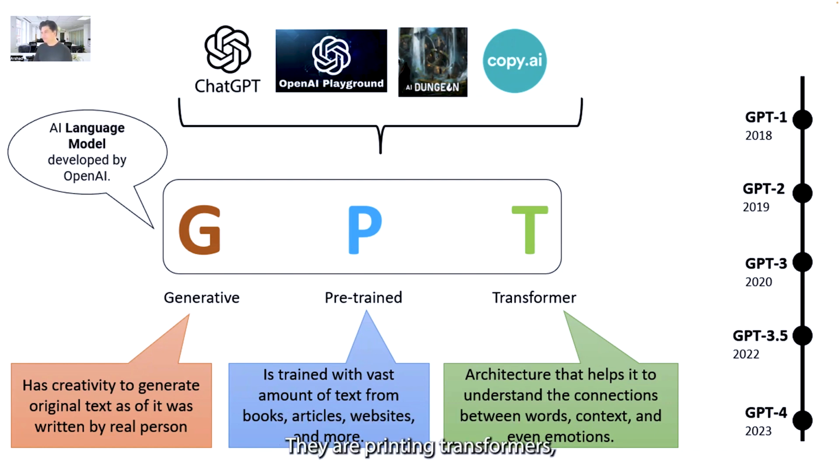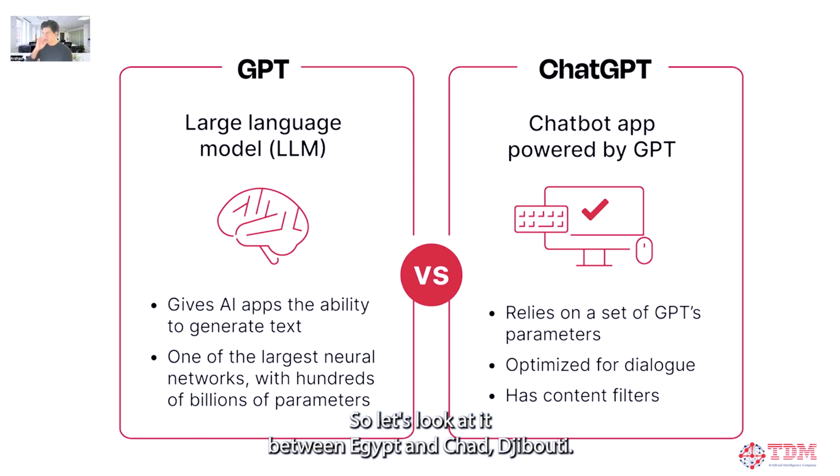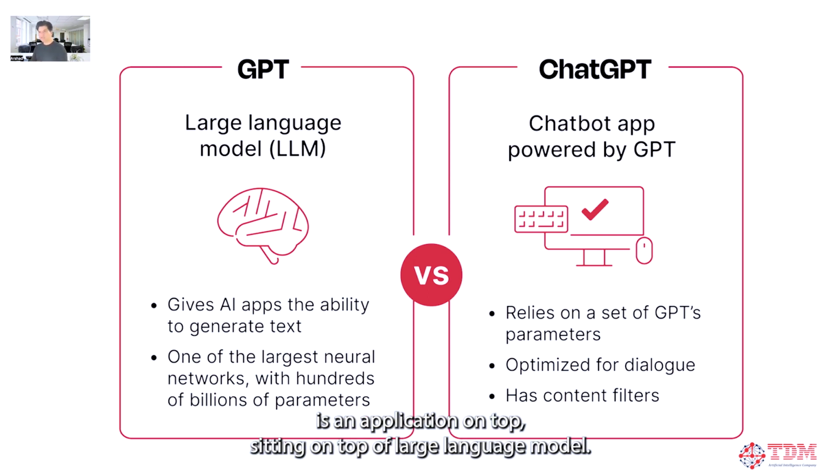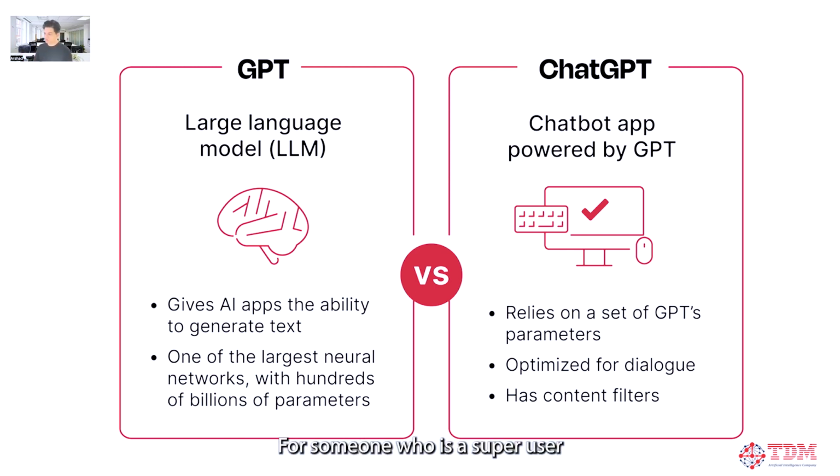So let's look at the difference between GPT and ChatGPT. GPT is a large language model, and ChatGPT is an application sitting on top of a large language model. That's what I wanted to clarify a little bit here for someone who is a super user.